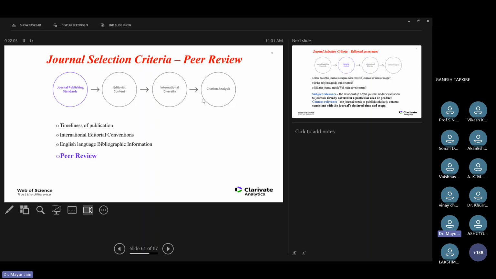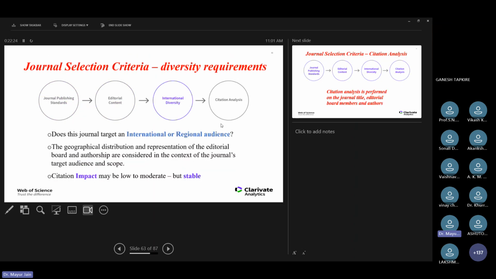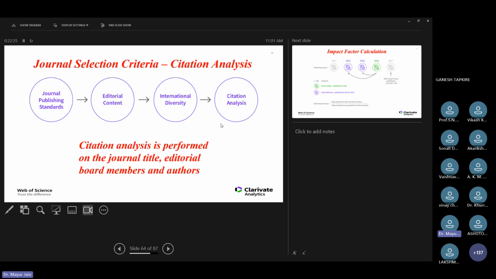Based on that understanding, the editor also tries to send that manuscript for the peer review process. So if you got the funding, it's always better to put it in. That way you are acknowledging the funding agency, plus the chances of publication will obviously be more, right? So these are some of the journal selection criteria that we have already discussed.